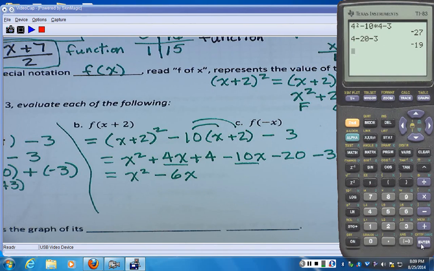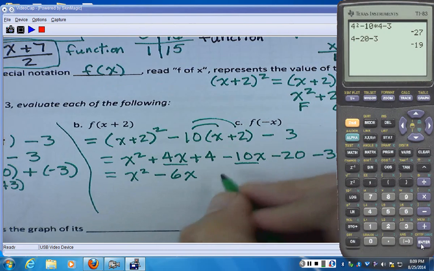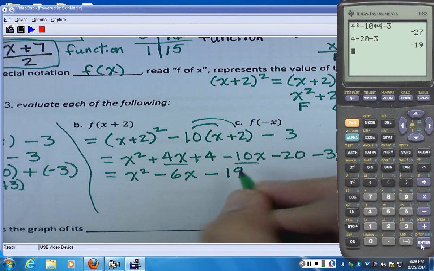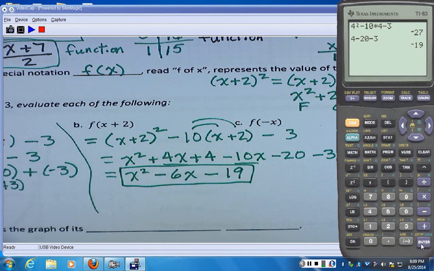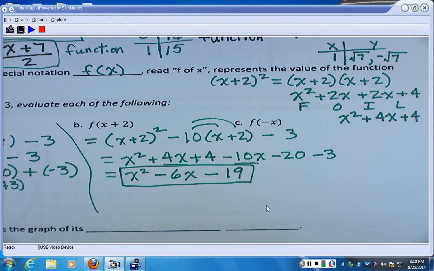And that's negative 19. So here's your answer. Okay? Any questions on that one? Got it? All right.